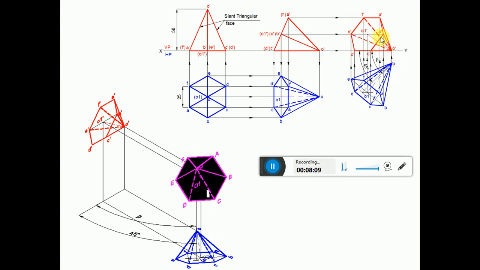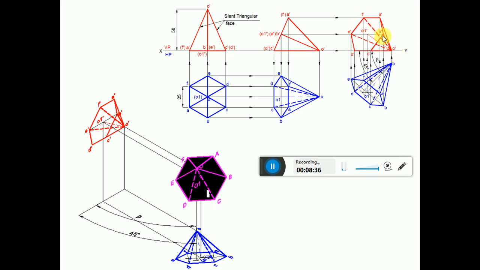You can see here, when you join O dash F dash with a continuous line, O dash F dash is a thin continuous line, and since B dash C dash is a dark line, that means it is a visible edge. So this thin continuous line is crossing the thick continuous edge. That means two visible edges can never cross each other.